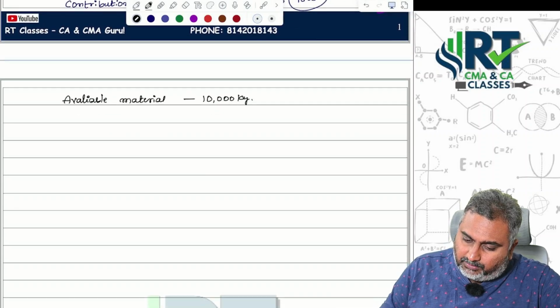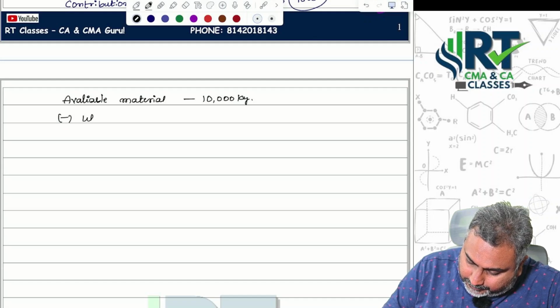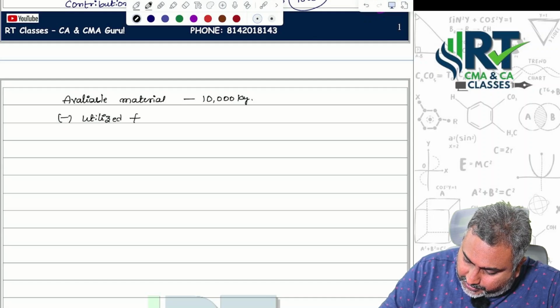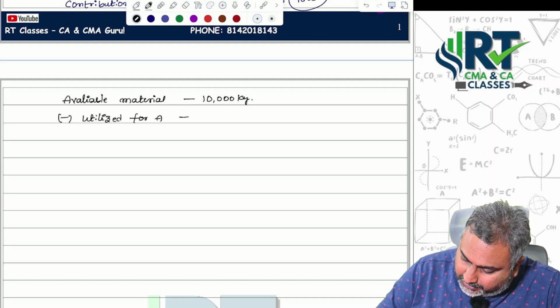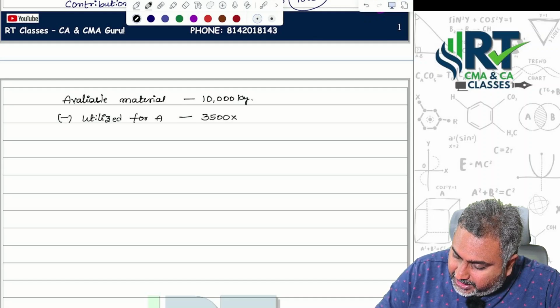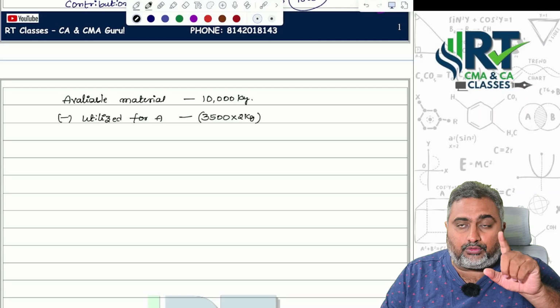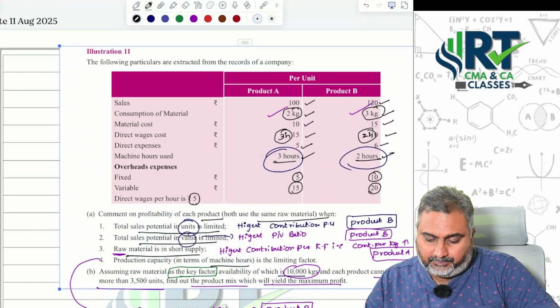Okay, so maximum how many units can you use for A? For A, maximum you can sell 3,500 units. And if you check with A, each unit requires 2 kgs. Sir, where is it given? In C, sir.